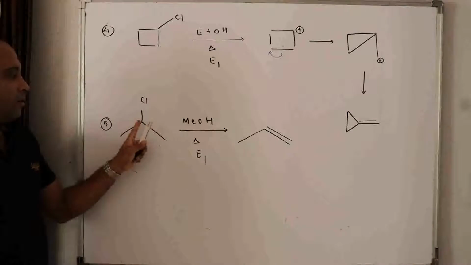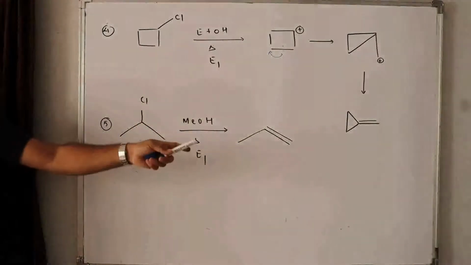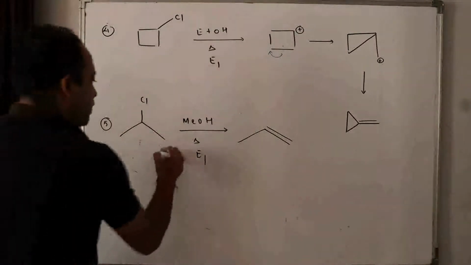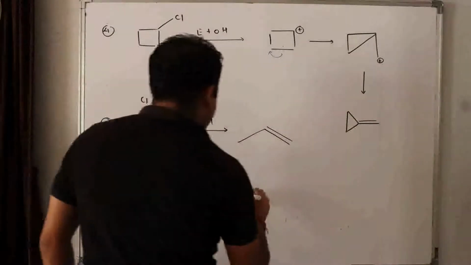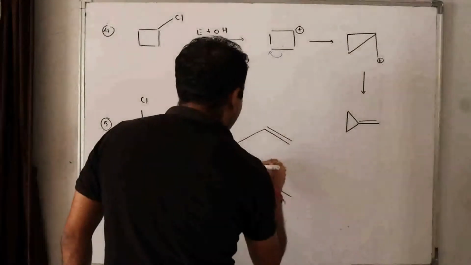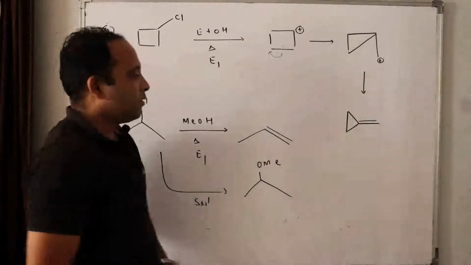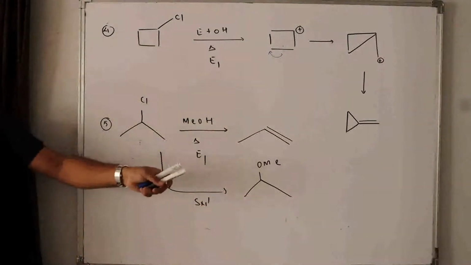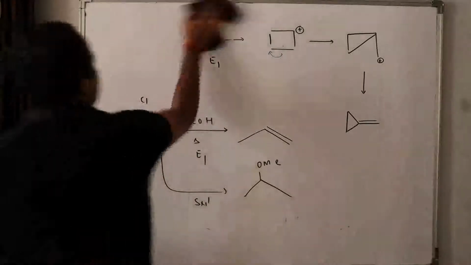Here Cl is removed, plus either from this or from this. Same products will be formed. Easy? Doubt? If I consider the SN1 also, what will happen? Then in this case OMe. Can this be cis trans? No. Can this be chiral? No. Easy? Now, one more question.